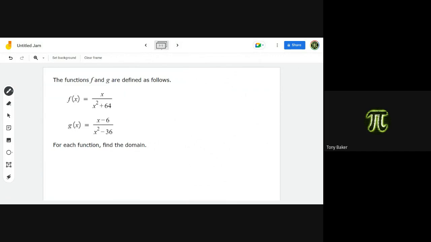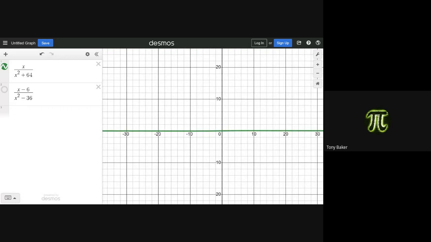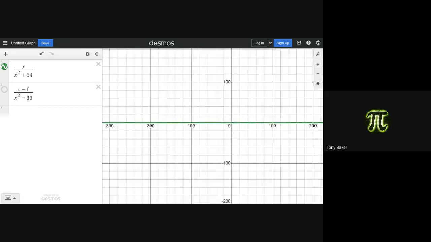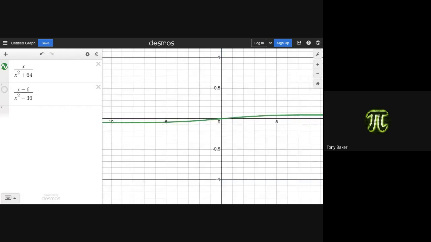If we were to graph these, the first one, this is what you end up getting. It's basically a straight line. So you say, okay, then my domain is all real numbers.